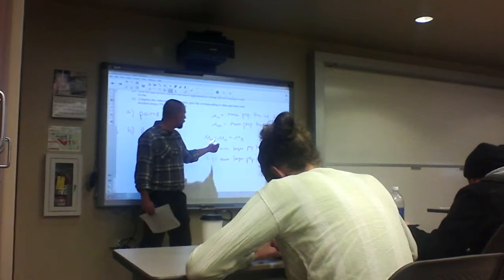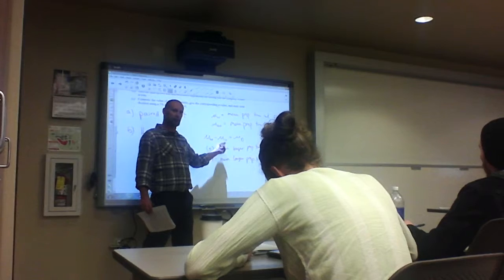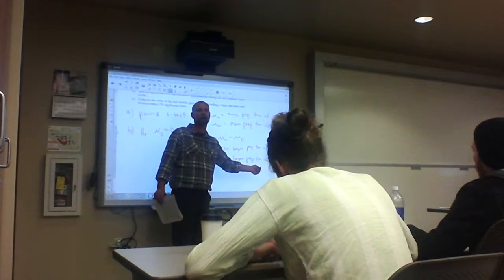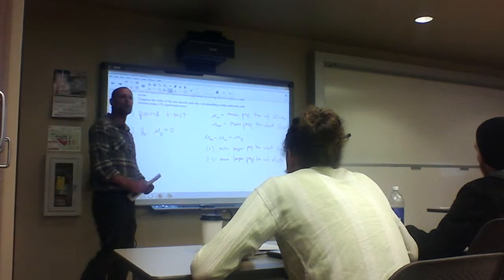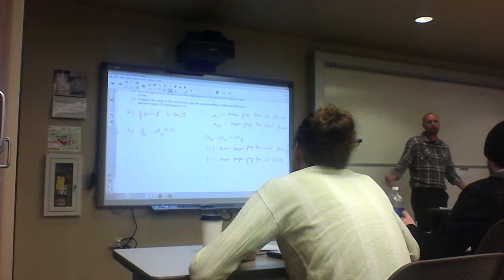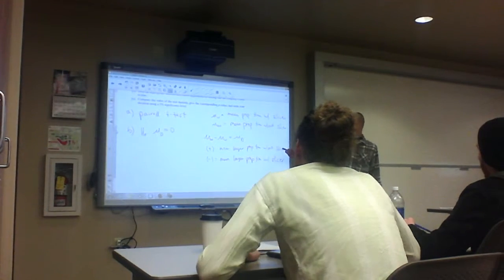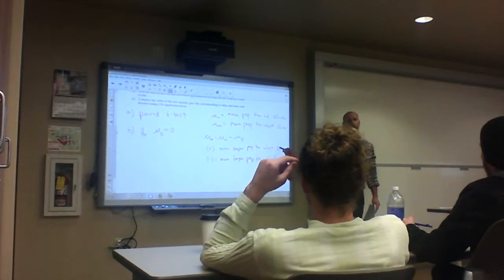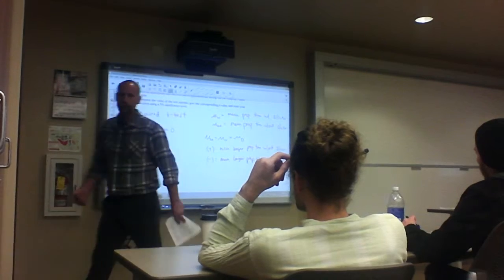If the time with is bigger, then we're going to get a negative number, which means it took more time with the slicer. So what do we want to see if we're the company? Do we want to see a positive difference or a negative difference? We want to see a positive difference. Why? Because we want to show that it took more time without the slicer, so that people buy the slicers.